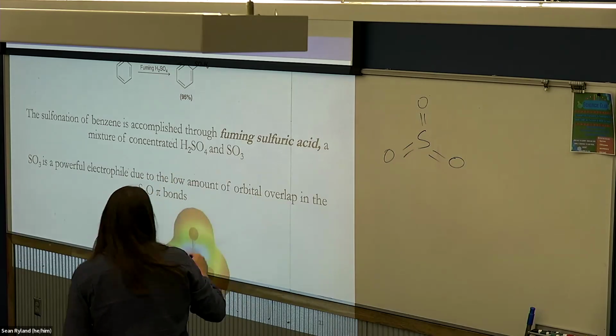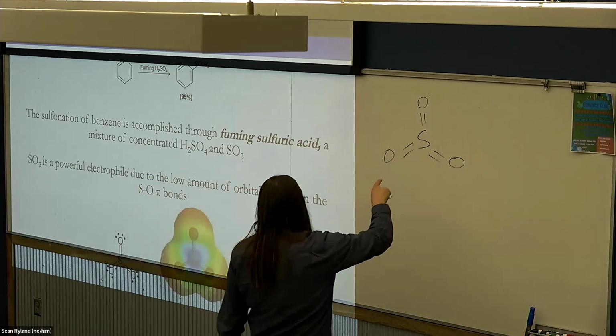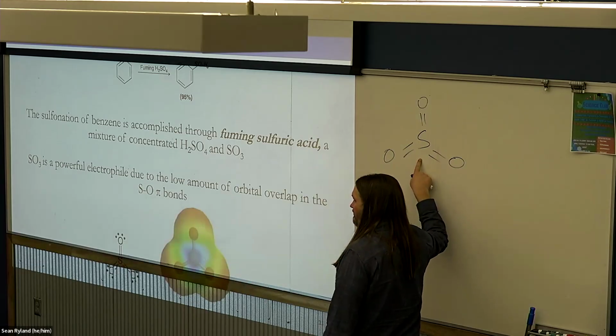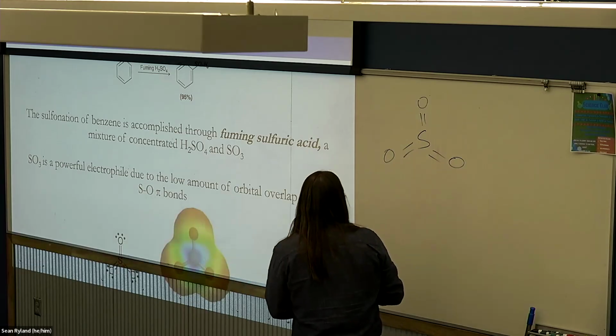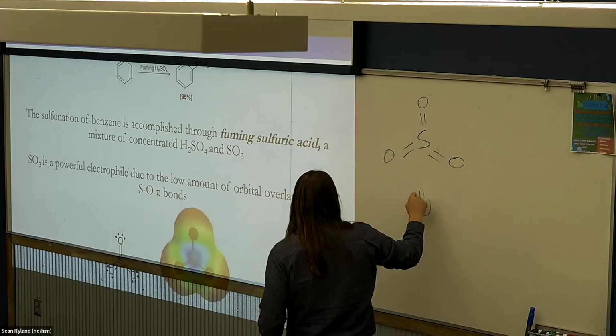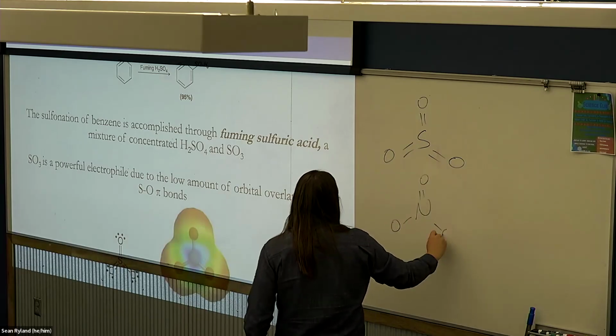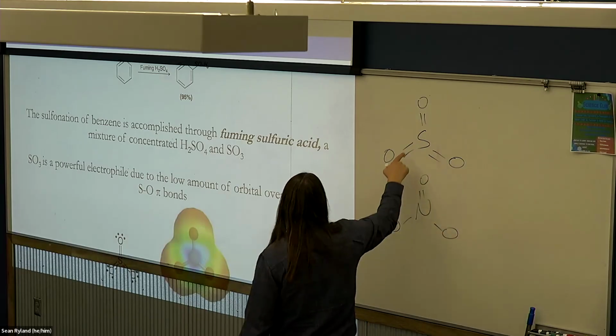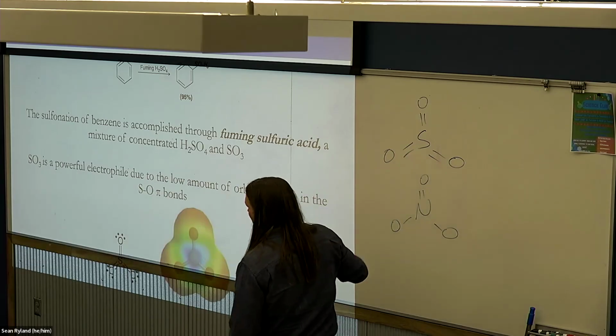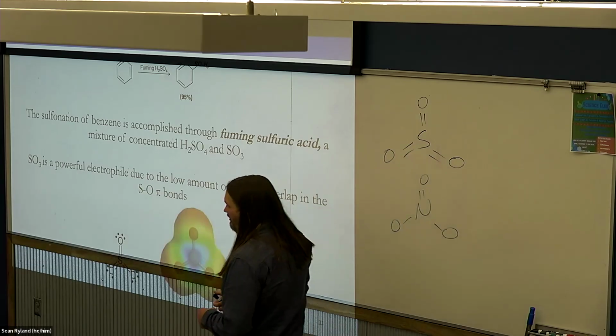And we can do that because sulfur has a d orbital. We can't do that with a nitrogen. So for nitrate, it's going to look like this, because you can't make the 6 bonds to that middle part.